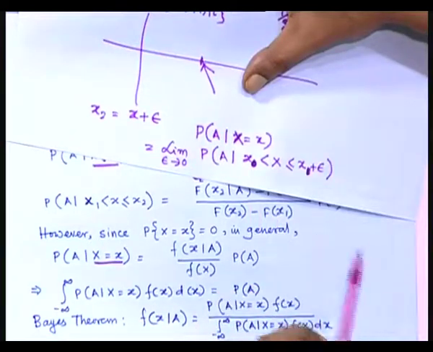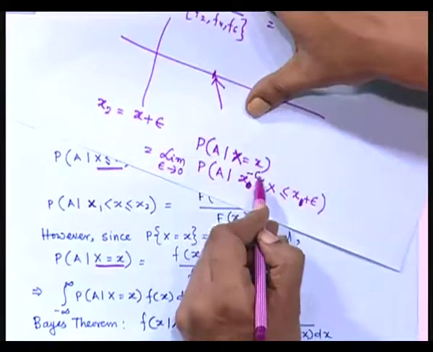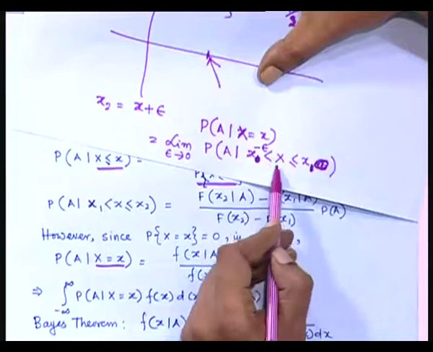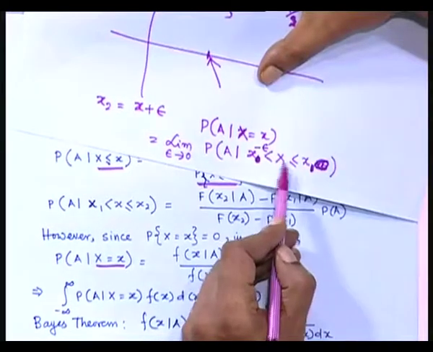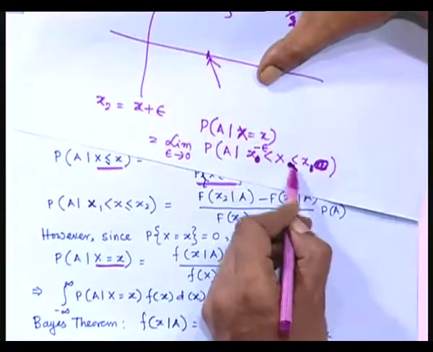Now if it is greater than x, then x will not be x. Actually this should be put the other way. It should be x minus epsilon less than x, less than or equal to x.